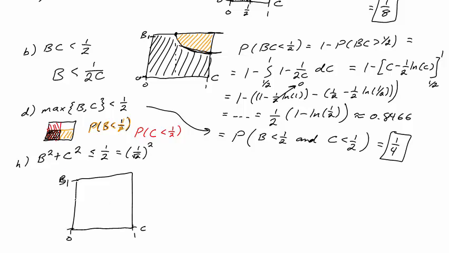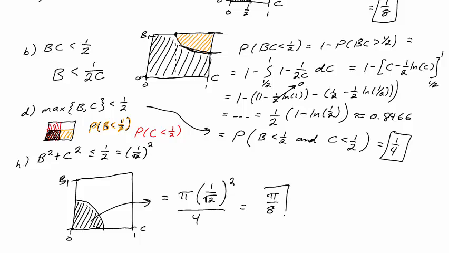I'm going to have this quarter circle region, and so I just need to find the area of that circle and then divide it by 4. So this area is going to be equal to pi times the radius of that circle squared, and then divide the whole thing by 4, and we end up with pi times 1/2 divided by 4, or pi over 8, as the probability there.